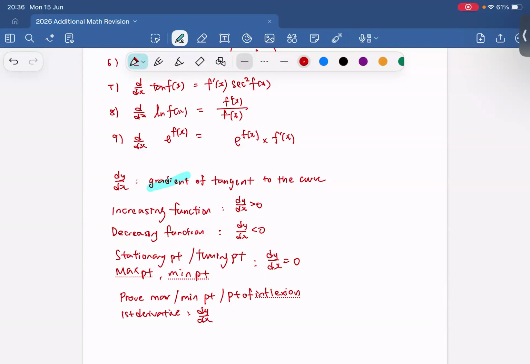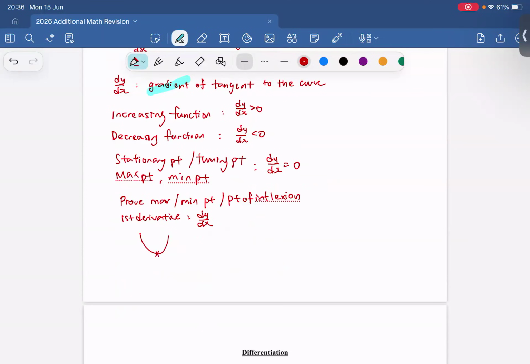So for a maximum point, if the turning point is zero, really positive. This is x, and this is x minus 0.1, and this is x plus 0.1. Then this will give us a minimum point. x minus 0.1 gives positive, then 0, then negative.